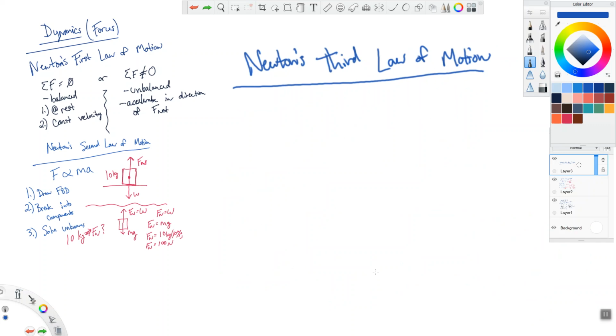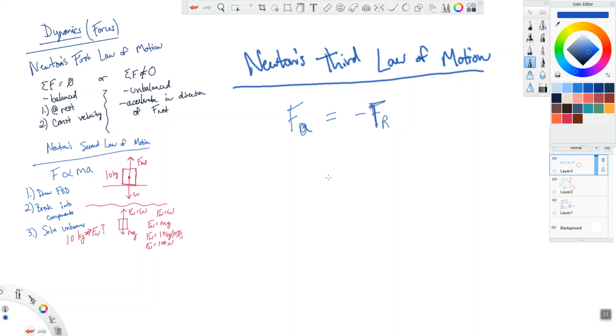Now I'm going to talk about Newton's third law of motion, and that is for every action there's equal and opposite reaction. So this is often called the law of action and reaction. So that's saying that the force applied to one object is equal and opposite to its reaction force. Okay.